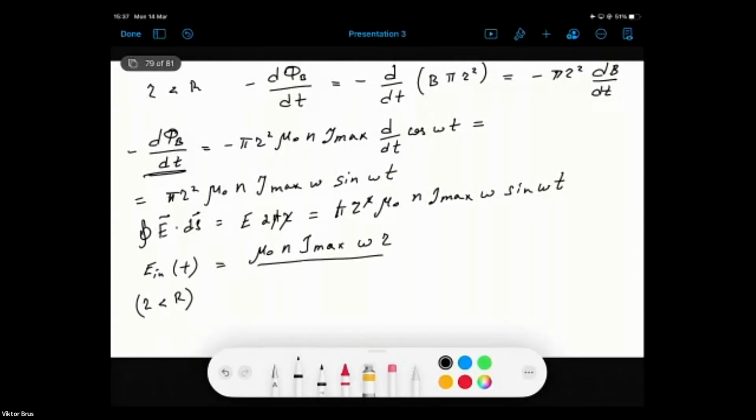All this divided by 2 and multiplied by sine omega t.